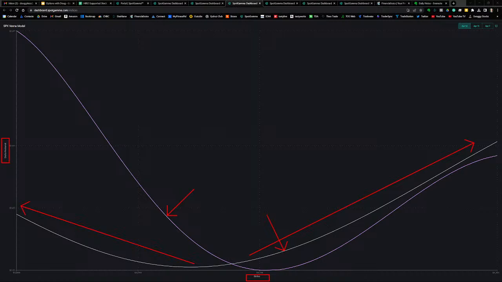And then finally, what this is showing, and this was the case earlier today, is that as implied volatility increases and price drops, market makers have to start to sell futures to hedge their delta exposure. And this purple line is showing the Vanna effect, the change in delta with a change in implied volatility.